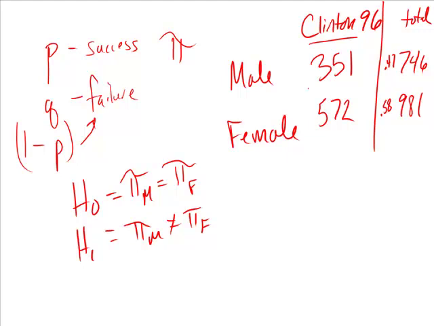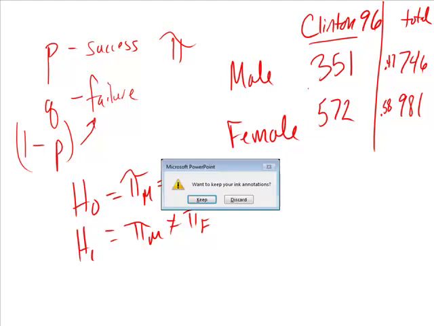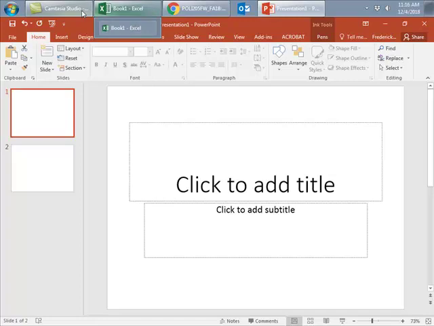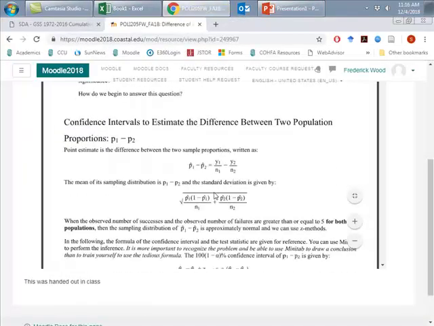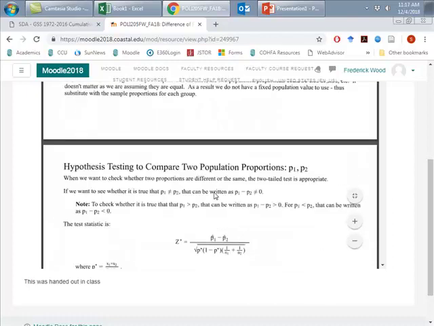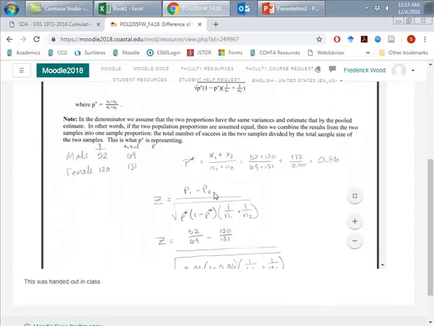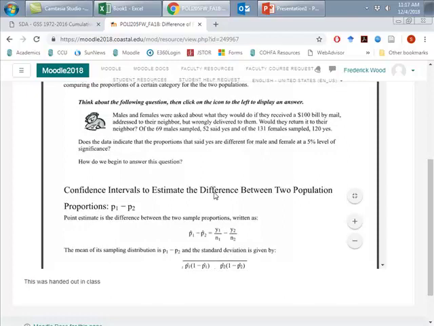So there's another example in the handout that I walk through. Males and females were asked about what they would do if they received a $100 bill by mail addressed to their neighbor.